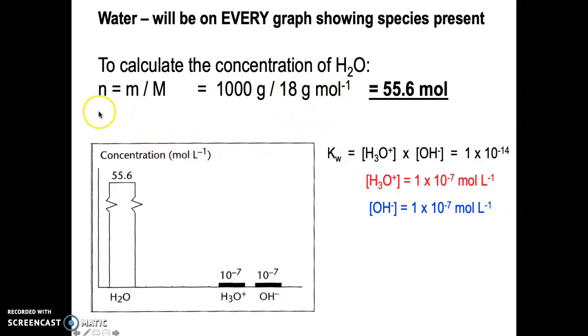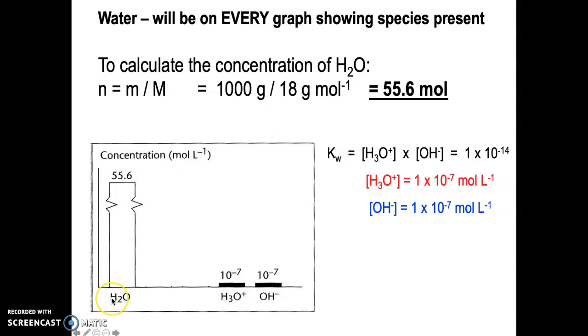So to find the amount of water molecules in a litre, you take your 1,000 grams, which is your litre of water, you divide it by your molar mass, and that's where you get your 55.6 moles. So every litre of water contains 55.6 moles.